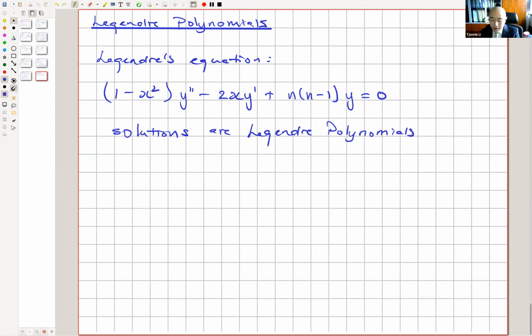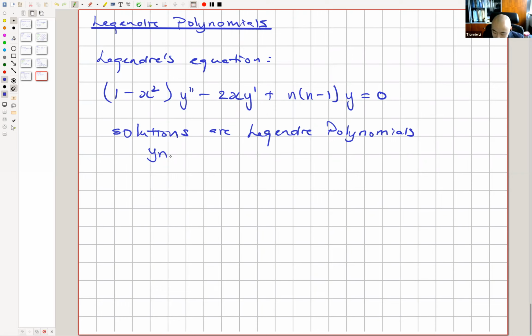Now this is not the exact moment where I want to discuss in more detail these Legendre polynomials, but one thing that I can say is that, of course, there are infinitely many, and they're labeled by n, where n is an integer, and they're actually polynomials. I'll show some examples in the end.